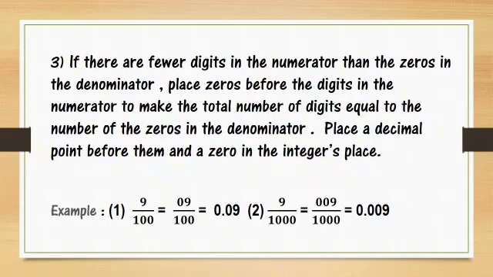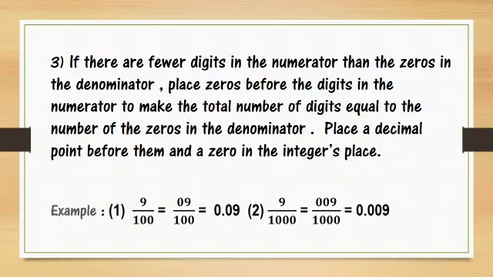For example, first one, 9 upon 100. Here we have one digit in the numerator and two zeros in the denominator. So to make the numerator equal to the number of zeros in the denominator, we have to place one zero before the digit in the numerator. That is, we have to place one zero before 9 in the numerator.